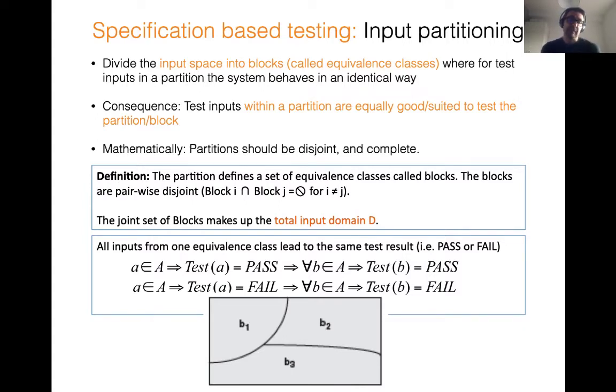So formally, mathematically, a partition means that they must be disjoint, and they must also be complete. So if you add them together, they will fill the full space. So this is the sort of ideal and best equivalence partitioning.